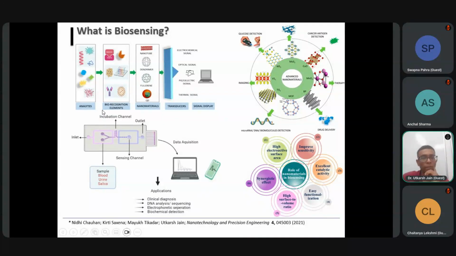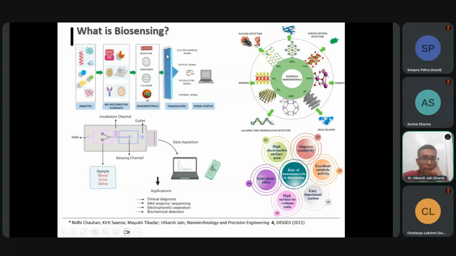The problem is that when we have an analyte and a biorecognition element, the binding from the analyte to the biorecognition element is of no use to us unless it gives a signal, right? So we need to select a proper transducing system, where the electrode can be a screen printed electrode or a disc electrode, which I am going to discuss as well.